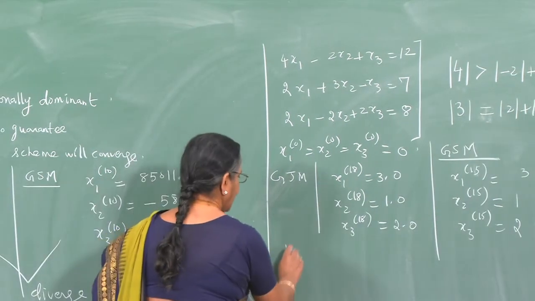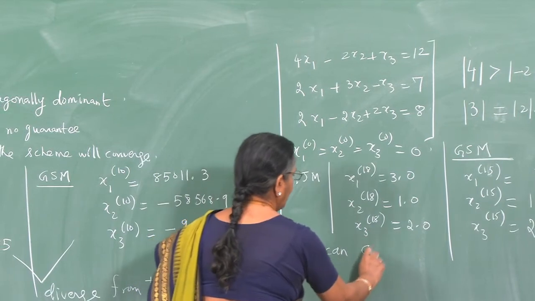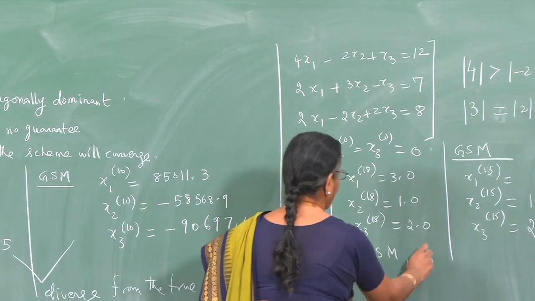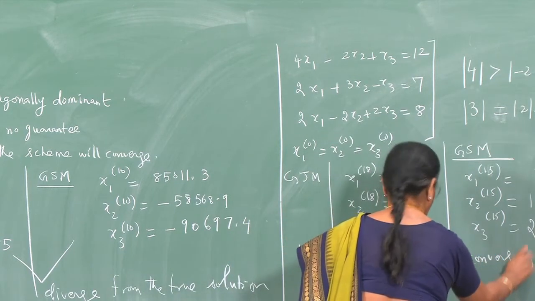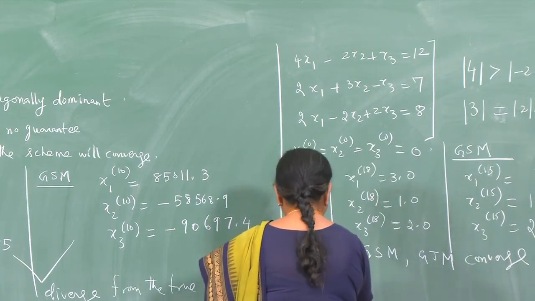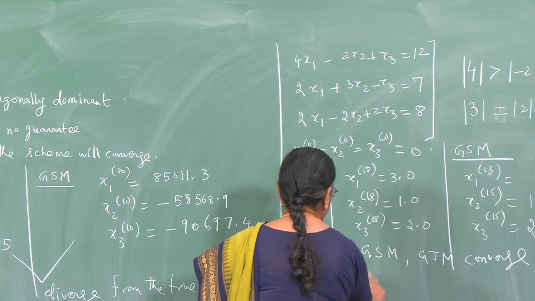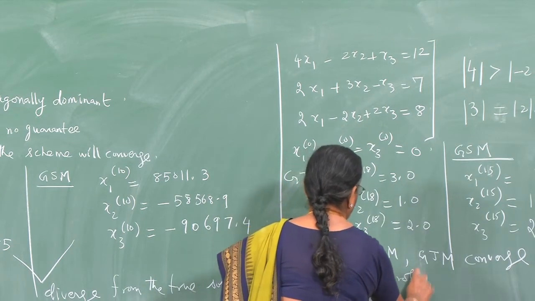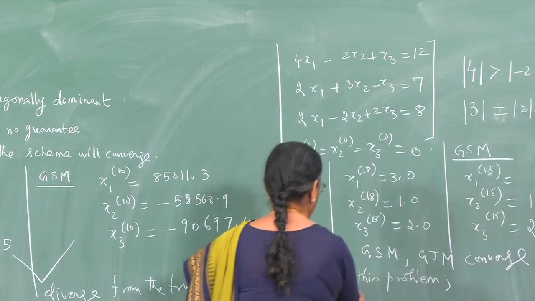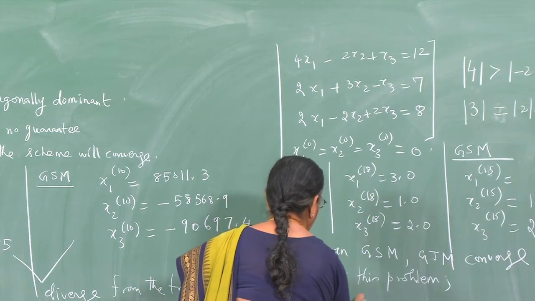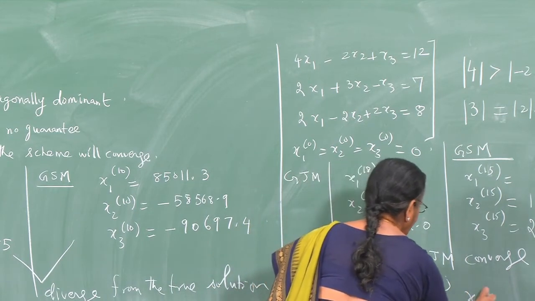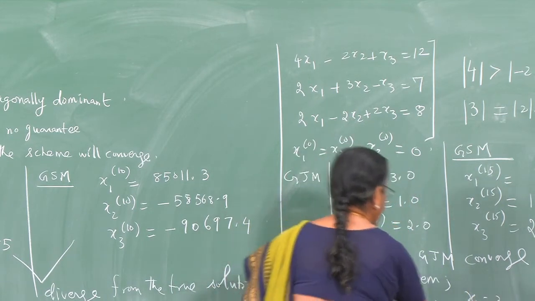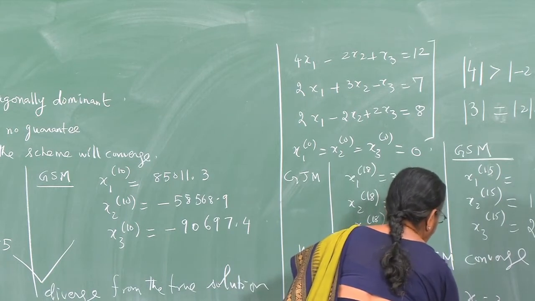So, we say that the Gauss-Seidel method and Gauss-Jacobi method converge for this problem, because in this case the exact solution for the problem is x1 is equal to 3, x2 is equal to 1 and x3 is equal to 2.